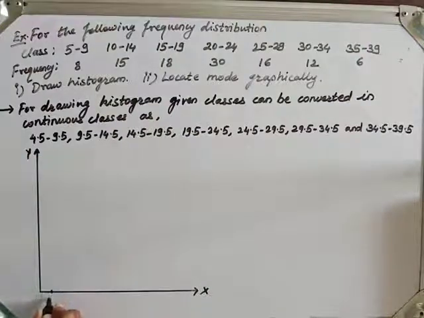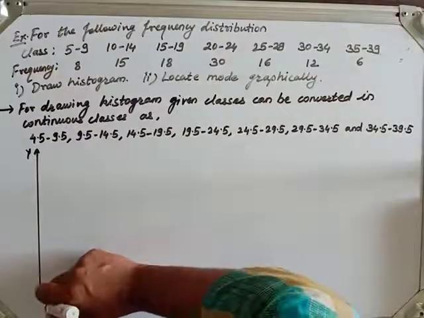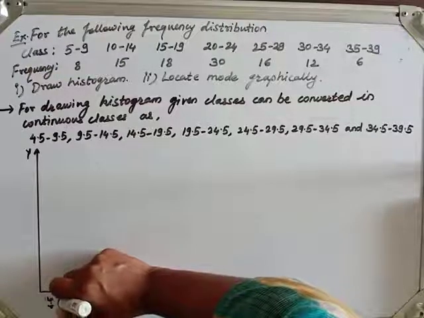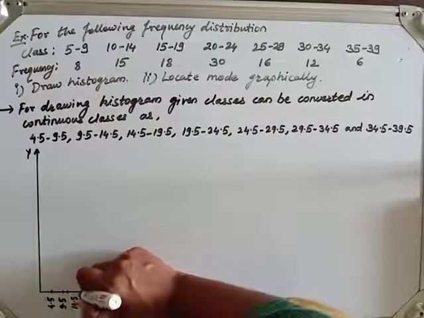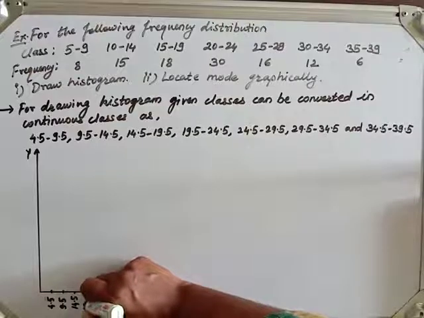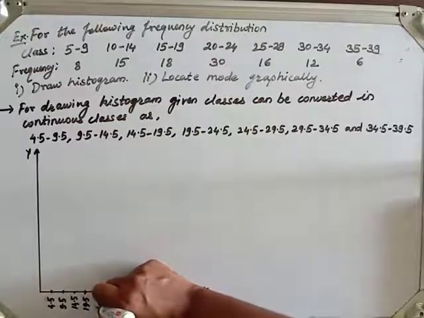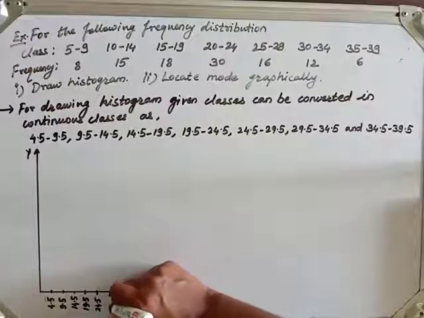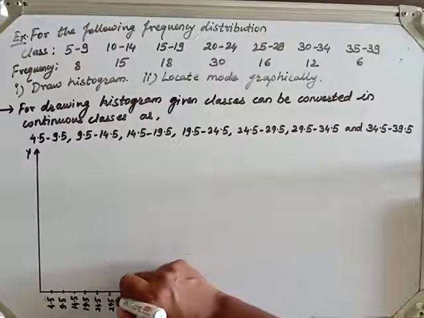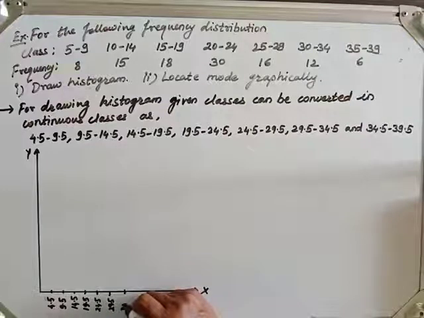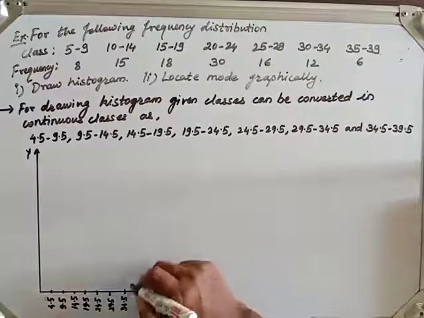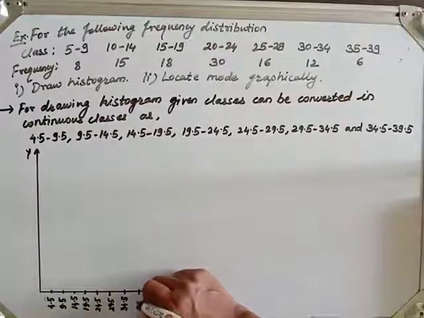Let me take the values 4.5, 9.5, 14.5, 19.5, 24.5, 29.5, 34.5, then 39.5.